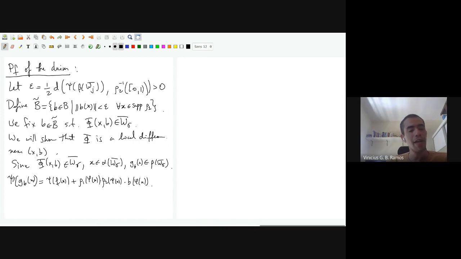So anyway, we have this expression for g of b, and for x, this is equal to psi of f of x plus just b of phi of x, because phi of x and psi of phi of x are on the places where rho 1 and rho 2 are equal to 1. So we have just this.